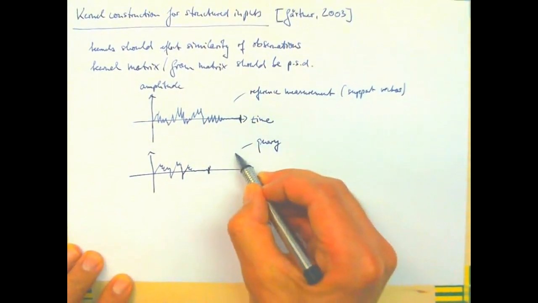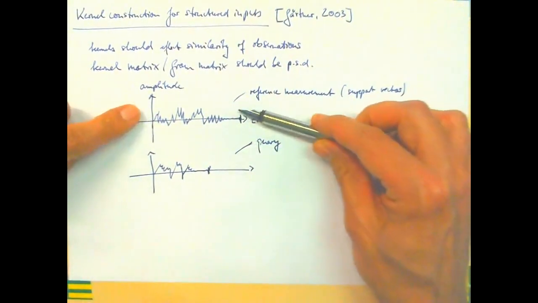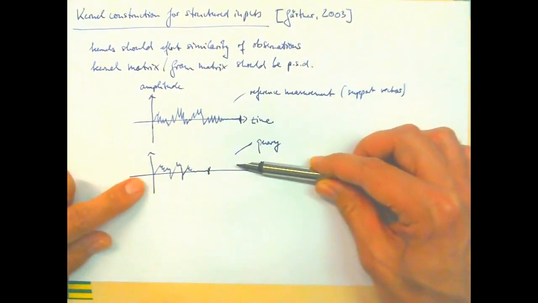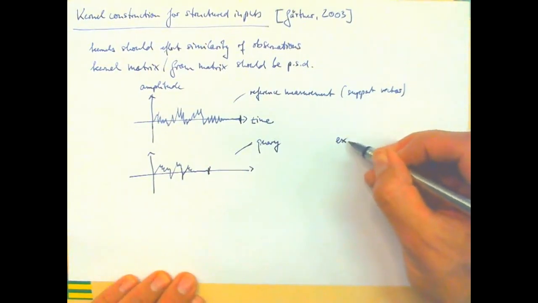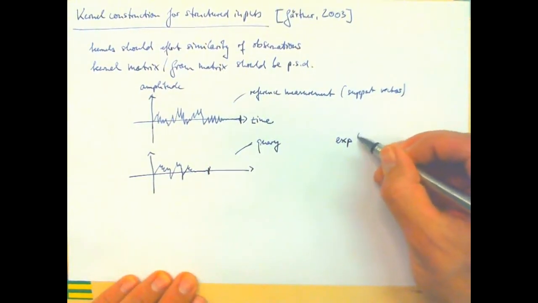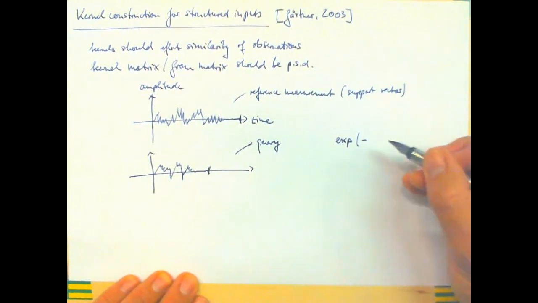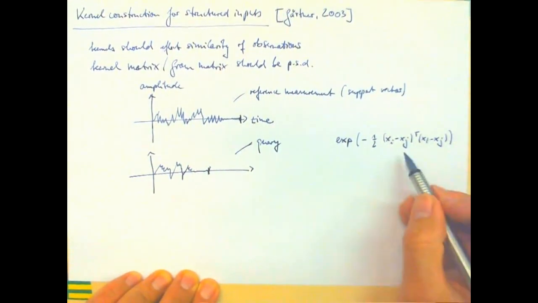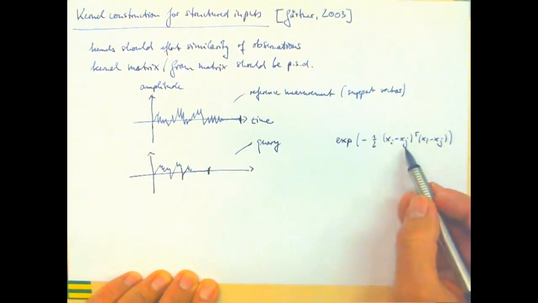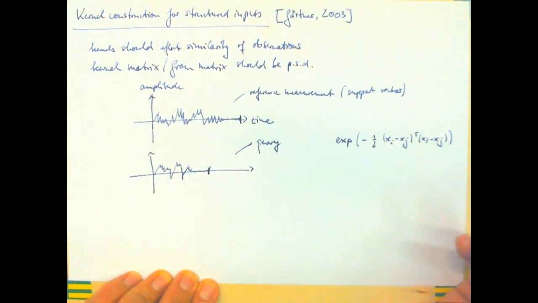Now, the first thing is a vector. The second thing is also a vector, but if you remember the RBF kernel, we take a difference between two vectors. And this assumes that the vectors have the same dimensionality, but that's not true here.